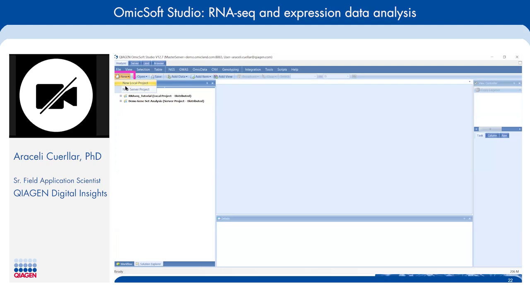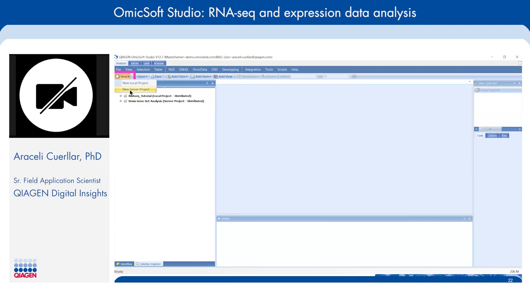Local projects use the resources on your computer to run most of the tools that are available for NGS analysis. A server project requires that you connect to a server. The analysis is set up on your desktop or your local computer, and then it goes to the queue to be run on the servers.